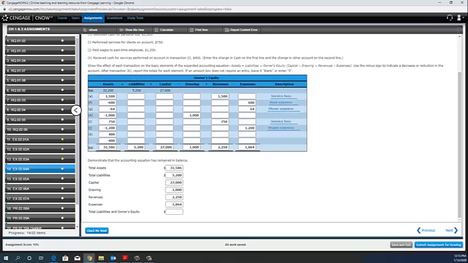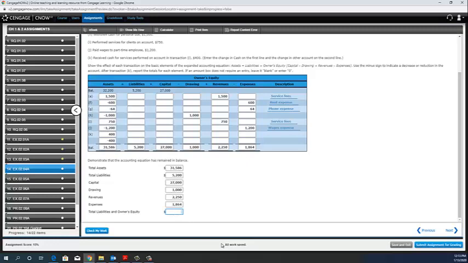So what we're trying to do right here is add up the right side of the equal sign. Okay, so we're going to take 5,200 and add 27,000, subtract the 1,000 in drawing, add the revenues, and subtract the 1,864 in expenses.